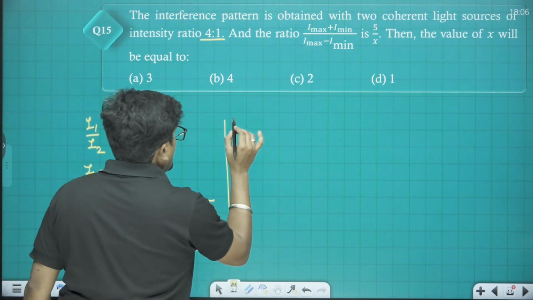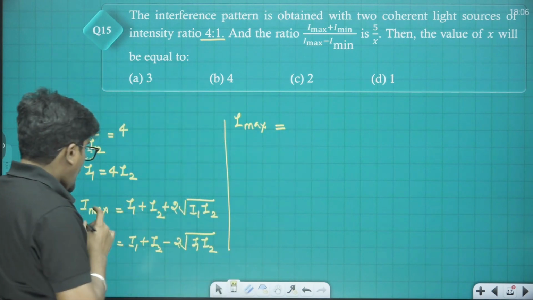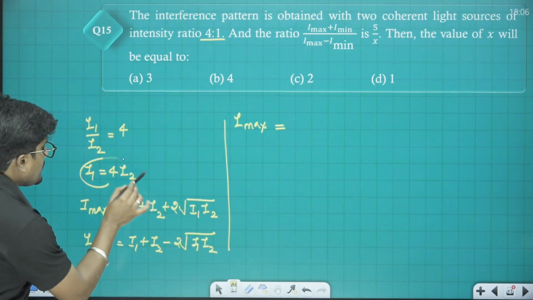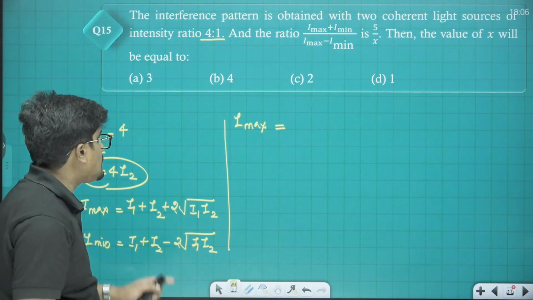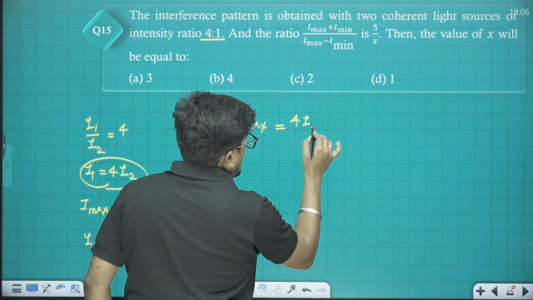Okay, now let me get the expression for I max first. I have got the expression for I1 as 4I2. I repeat, I1 as 4I2. So here this is going to be 4 times I2.